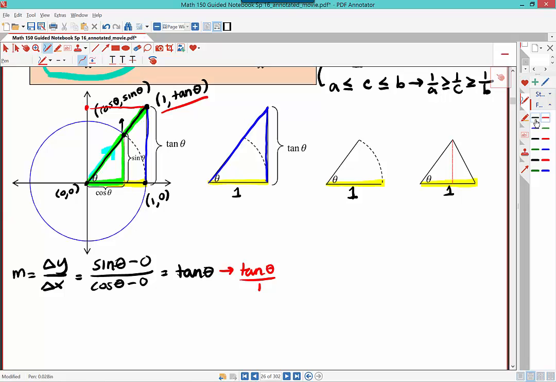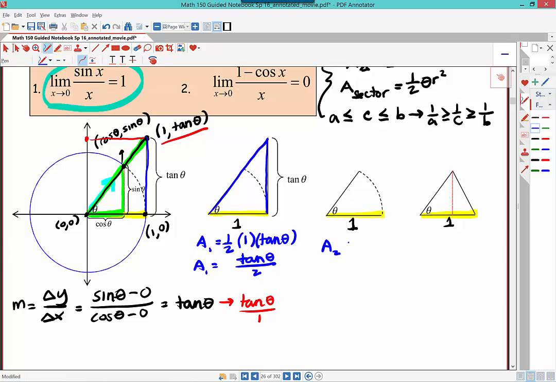So coming over to this guy, the area of this triangle, we'll just call it area 1, is equal to 1/2 times the base, which is 1, times the height, which is tangent theta. So area 1 is tangent theta over 2. Area 2, we're using the area of a sector formula, and so we'll get 1/2 theta r squared, and what's our radius?